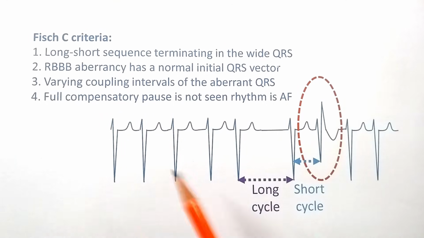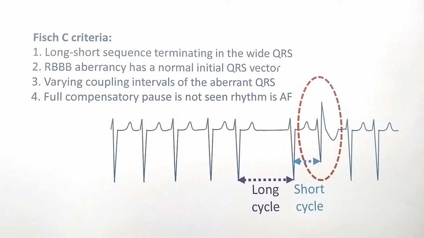Then fourth is also the same reason. Fully compensatory pause is not seen in Ashman phenomenon because the underlying rhythm is atrial fibrillation. Only if the underlying rhythm is sinus rhythm, the full compensatory pause occurs in ventricular ectopy. That's because in ventricular ectopy, the ectopic beat does not get conducted back to the sinus node to reset it.